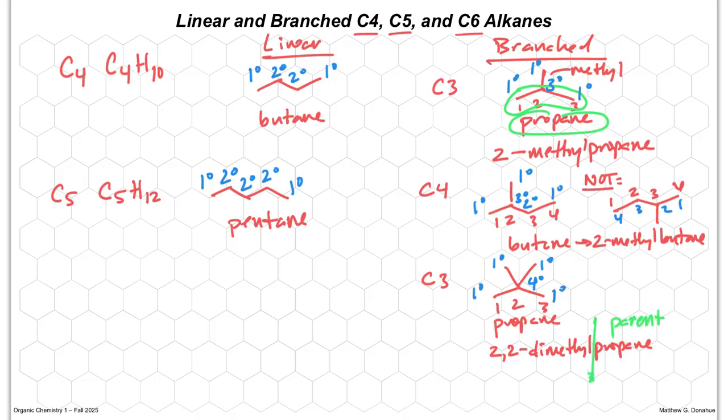What's the longest chain? Draw that out. Number it. And then look to the front of it. What are the substituents? So the substituents will always have a number that's corresponding to where they are on that chain.